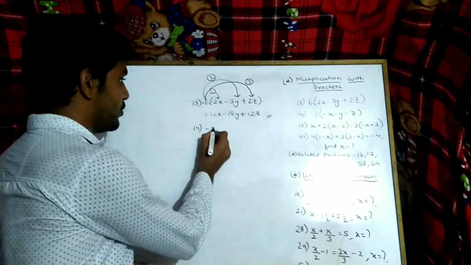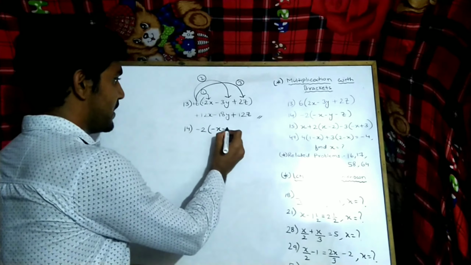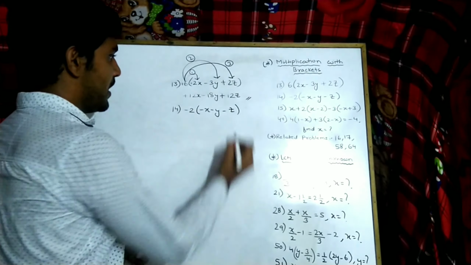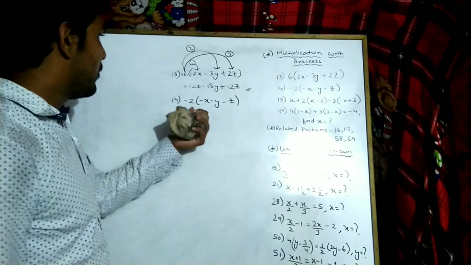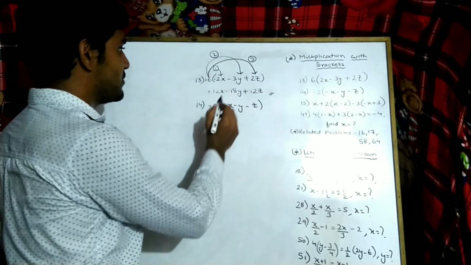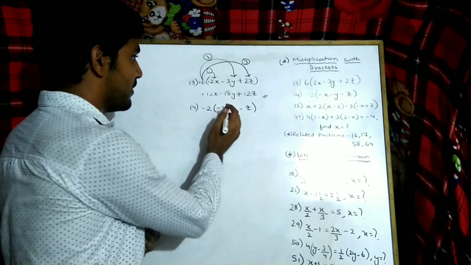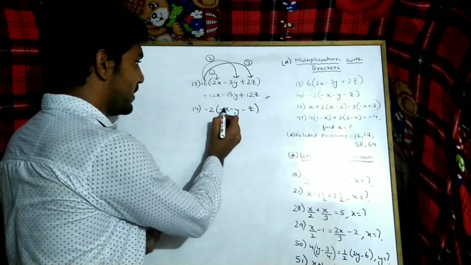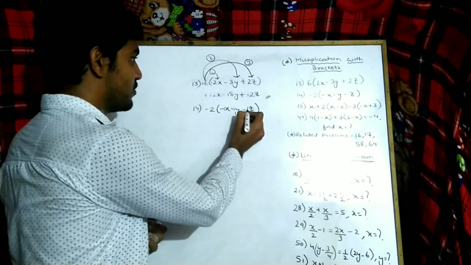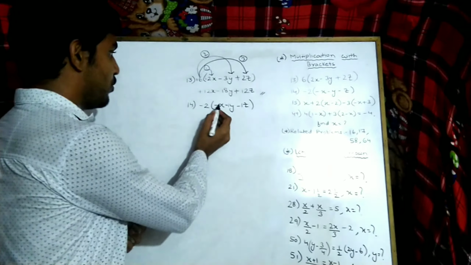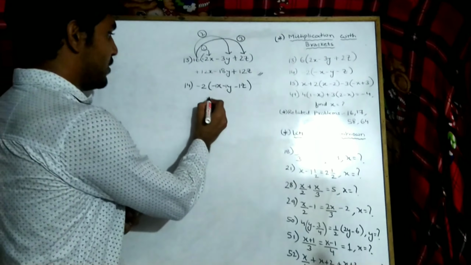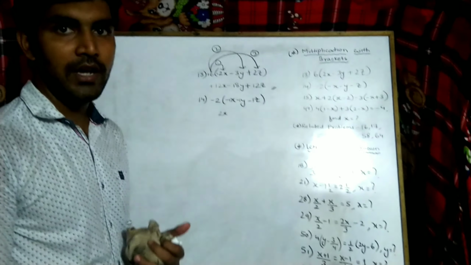14th sum, minus 2 into minus x minus y minus z. Same steps like this only. First I will multiply with numbers, but there are no numbers here. So can I say this is 1, here also 1, here also 1. So 2 into 1, it will be 2, and 2x.